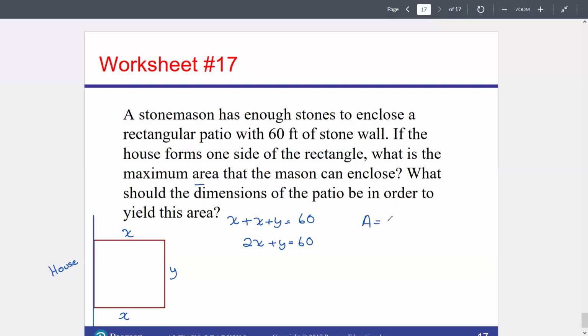So area would just be x times y, like length times width. So what I'm going to do is solve this for y. So we get 60 - 2x. Well, I can put that in here, and then I just have A is x times (60 - 2x). So now I'm in just terms of x.